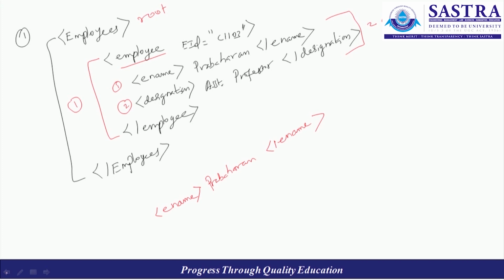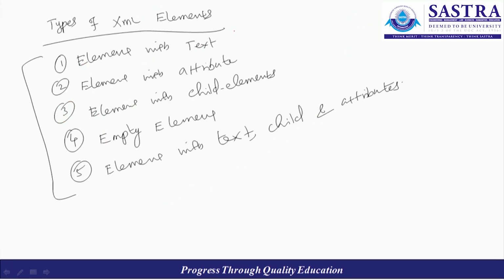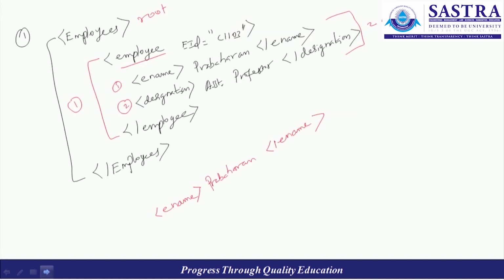So, the first one, element with text. What we have, ename is an example of element with text. Please remember, this is text and can have any characters, special symbols, numeric information, alphabets, anything can be written here.